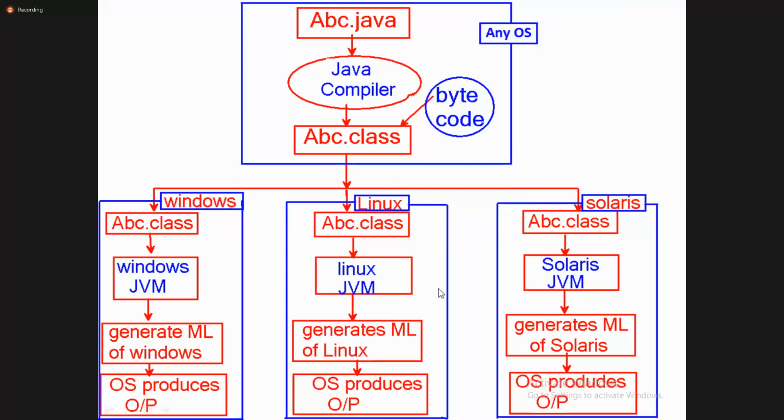You can compile in any operating system, but you cannot execute on every operating system without the specific JVM. So this is the story of how Java achieved platform independence, and what you need to consider to run a Java program on any system. Does everyone understand the story?